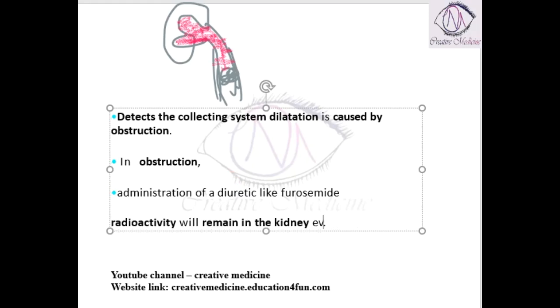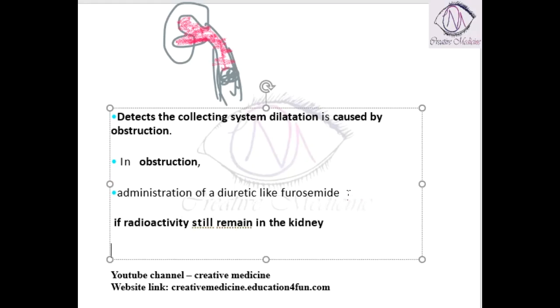Normally, if you give a diuretic like furosemide, all the urine which is formed and all the blood which is filtered, lots of water, sodium, potassium and chloride are lost in the urine. But if even after giving the diuretics the radioactivity still remains in the kidney instead of going out, in such cases you should suspect obstruction.